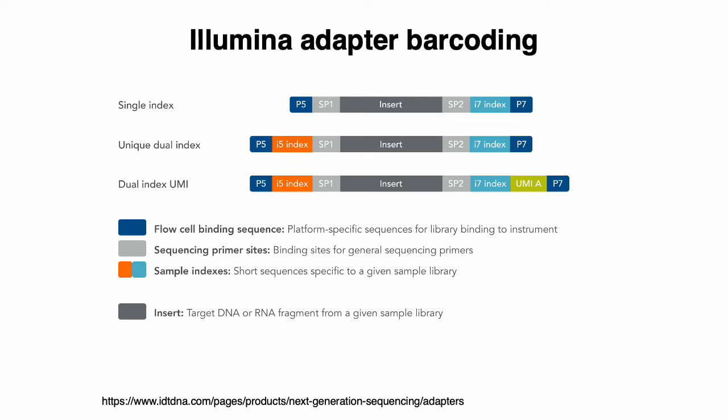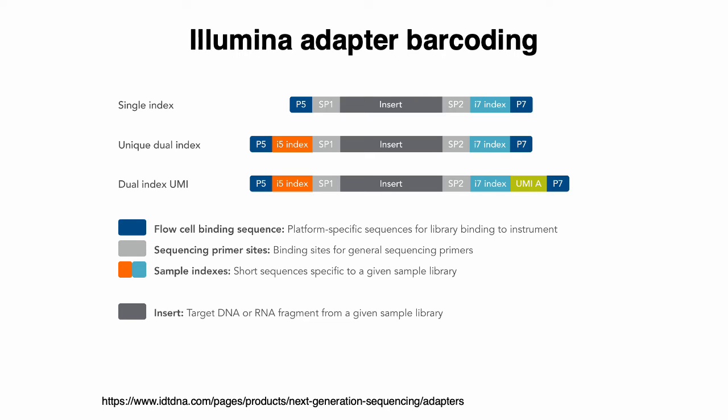Finally, there's what's called the dual index UMI, which just means that one of the adapters has an additional tag associated with it, called a UMI, or unique molecular identifier. That allows you to identify unique reads.